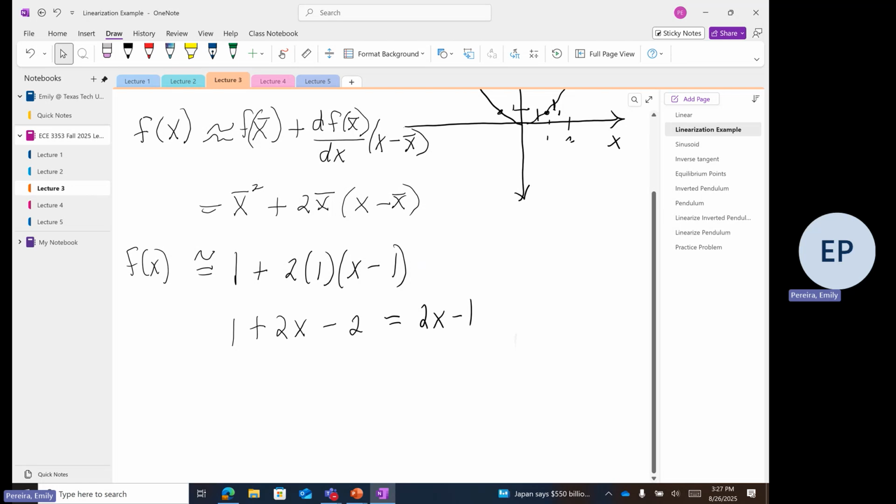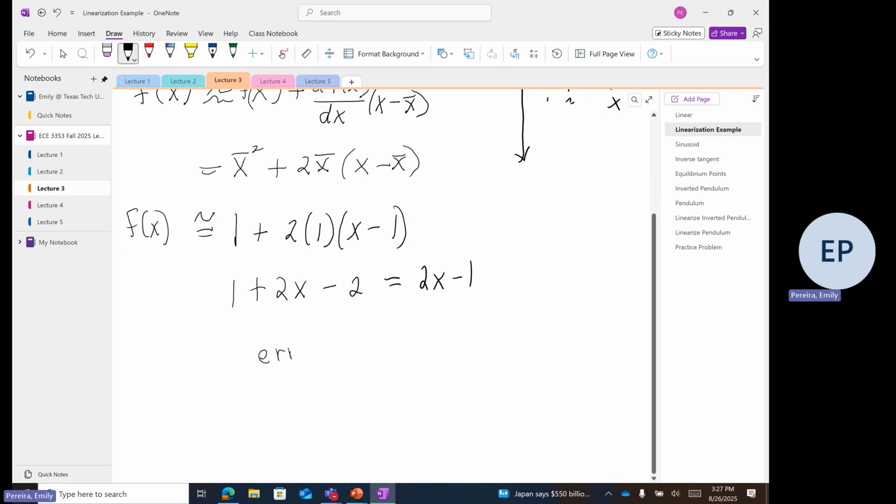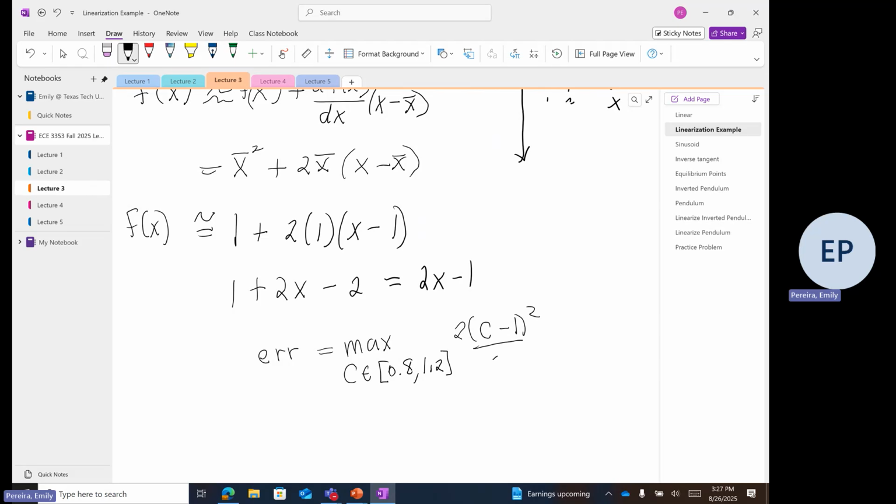And this is bounded by some error term, which is going to be the max over c in the interval from 0.8 to 1.2 of 2 times c minus 1 squared divided by 2. So this is, again, our x bar here.